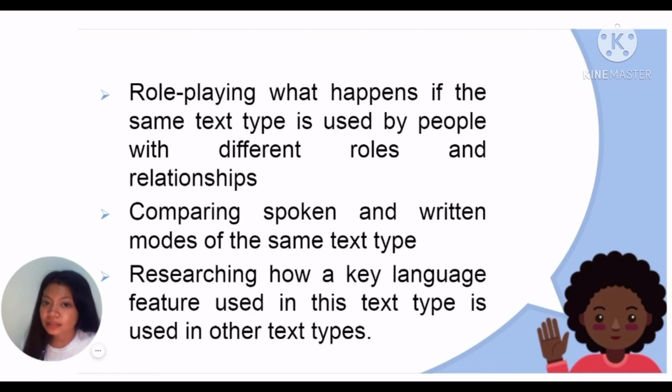Okay, so to conclude our report, the fifth stage, linking related text, is optional in the implementation of the genre-based approach because it needs a bright student who is able to link related texts together.